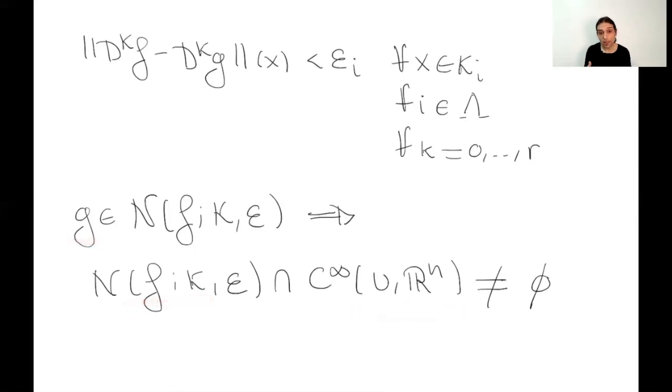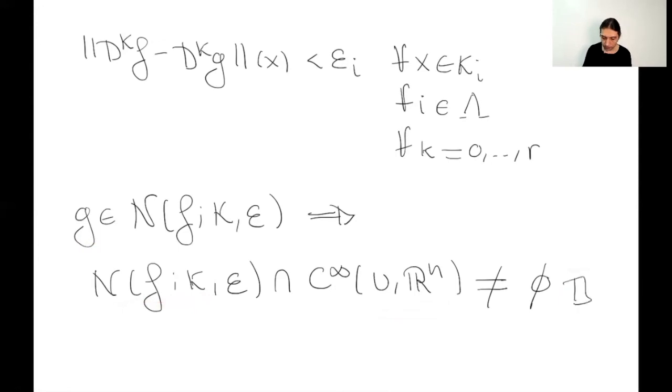And so, in that way, we proved that any open subset of the set of C^r maps contains a C infinity map. And so C infinity maps are dense for the strong topology in the set of C^r maps.